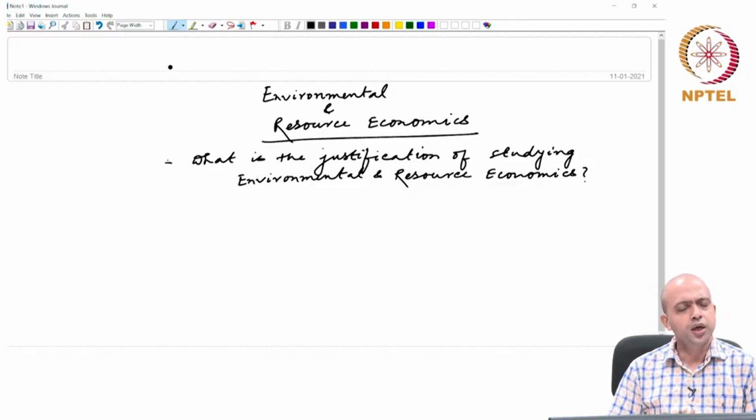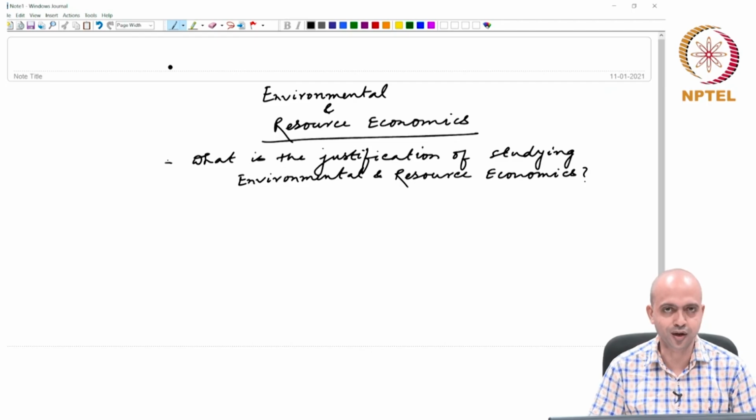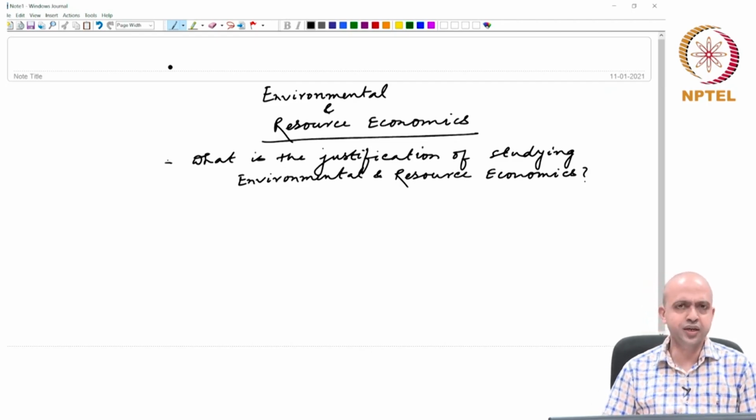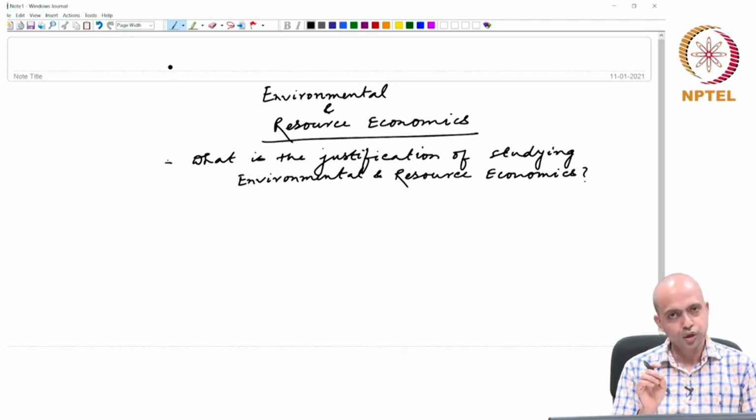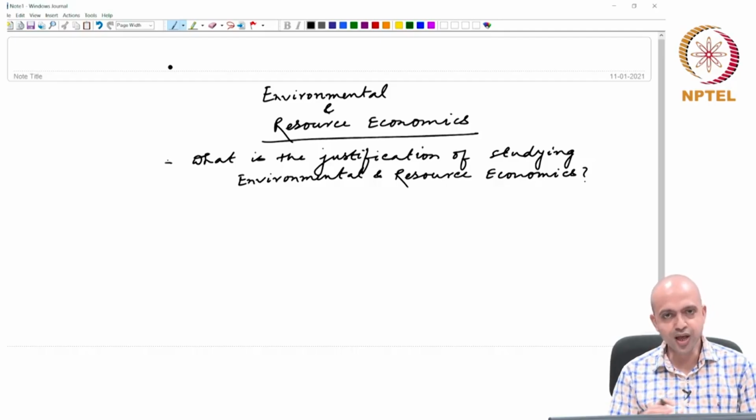If you recall from our discussion of principles of economics, economics is basically a discipline which helps us understand how to allocate scarce resources efficiently so that we can get the maximum utility or satisfaction out of it. So, in short, economics' role is to help us understand efficient allocation of scarce resources.